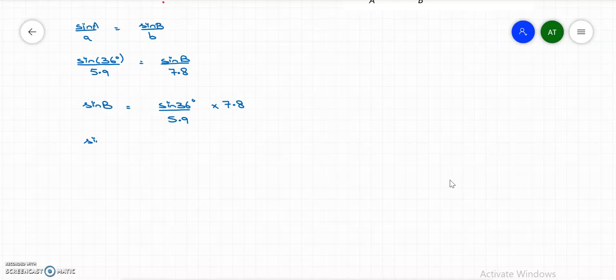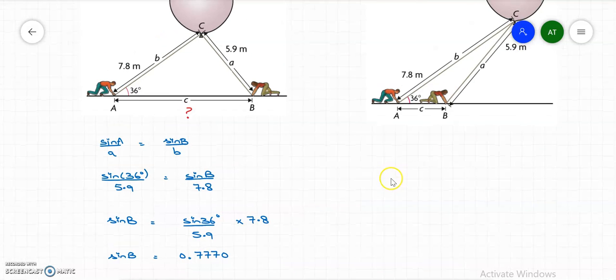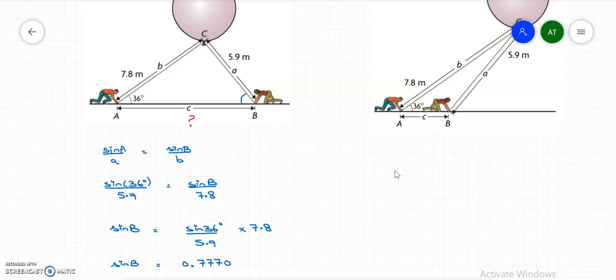After simplifying all the terms on the calculator, sine B equals 0.7770 up to 4 decimal places, and B equals sine inverse of 0.7770. So the angle B we have got is 51 degrees. So we have got angle B, and I would like to label it as 51 degrees.